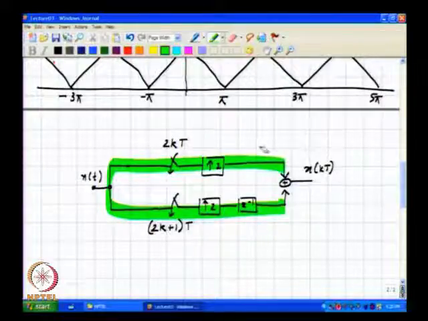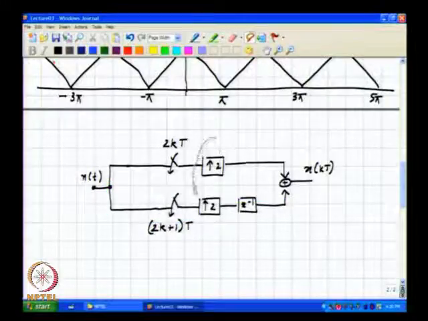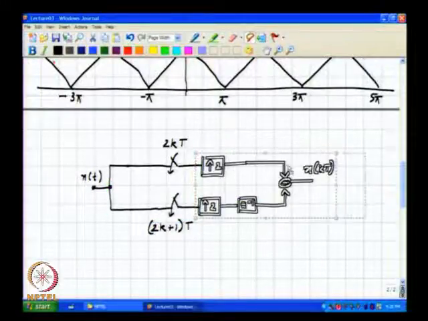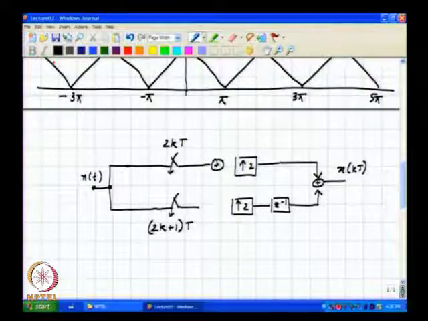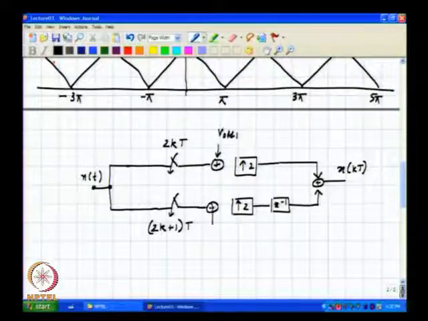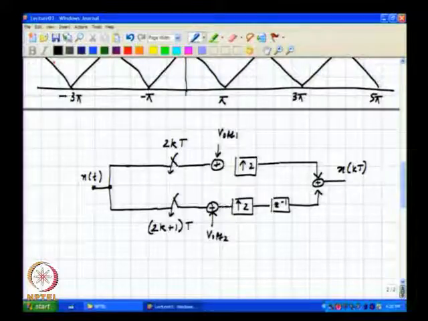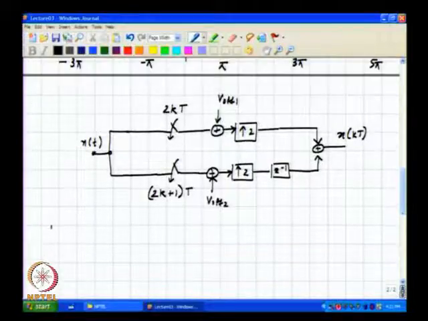In other words, the output here is not simply the sampled output, but plus some offset, which we denote by V offset 1 and V offset 2. So, the first non-ideality we consider is offset.